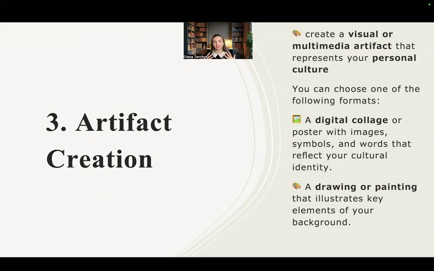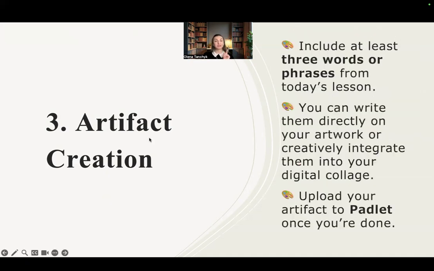So it's either about them personally or a little bit broader about their culture. The task will be to include at least 3 words or phrases from today's lesson and from our module. I will tell them that they can write these words and phrases directly on their artwork, or creatively integrate them into their digital collages.